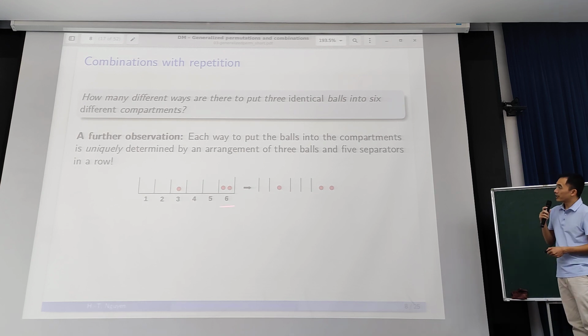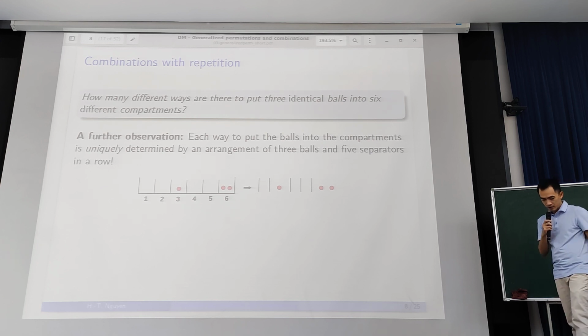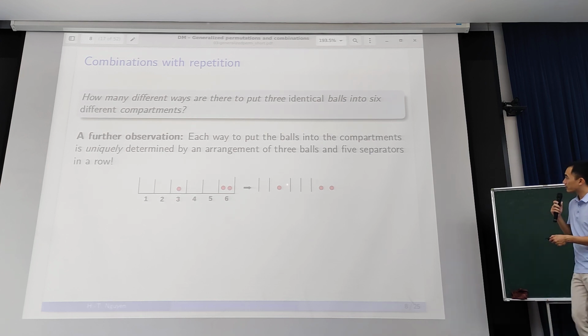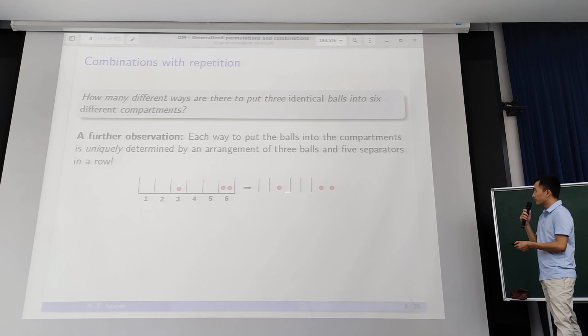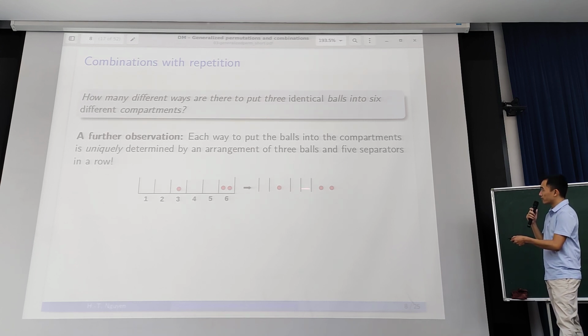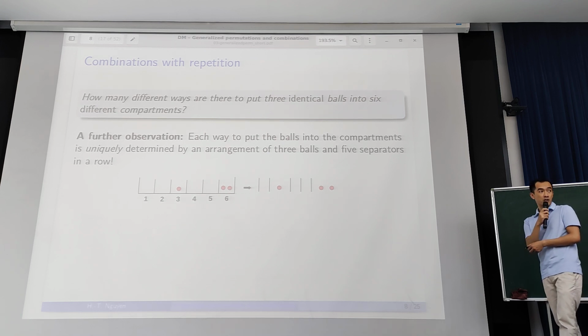If you remove the numbers and the bottom of the boxes, from this picture you can still recover our configuration. What is the outcome corresponding to this picture?